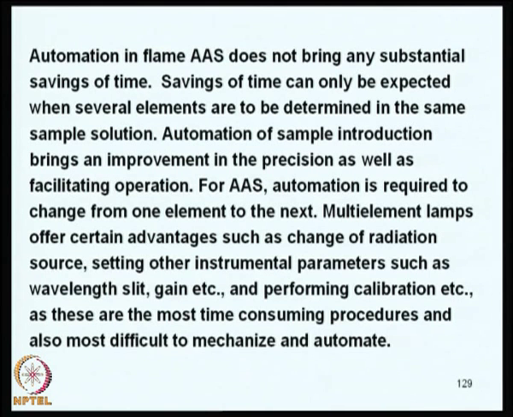For example, the automation in selection of the sample, sucking and transporting the sample solution into the flame does not give you any savings. But when there are several samples to be done, then automation helps.